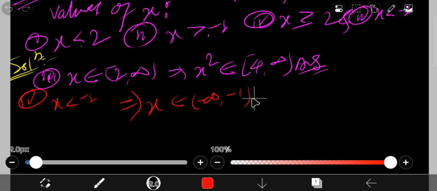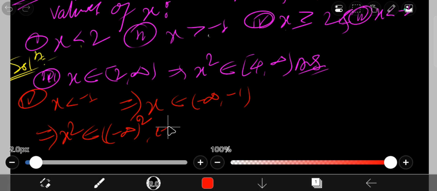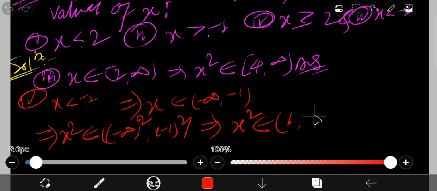Now when we square this, we get x square belongs to minus infinity square, which is plus, and minus 1 square, so the smallest value is 1, here it is an open interval, and this is plus infinity. This is our correct answer. Okay, so simply you solve this one.